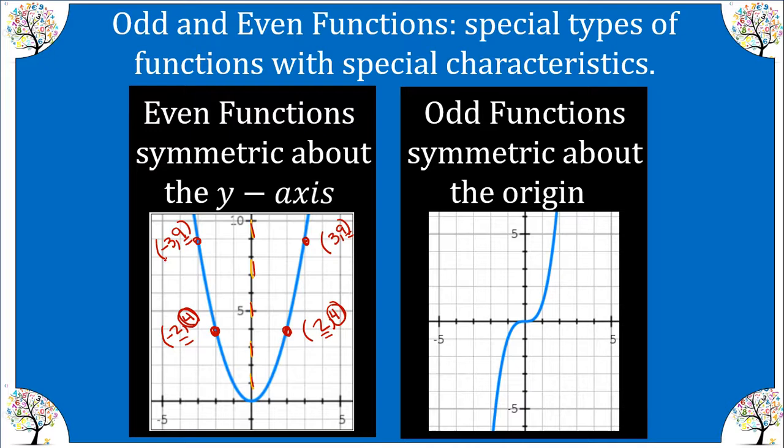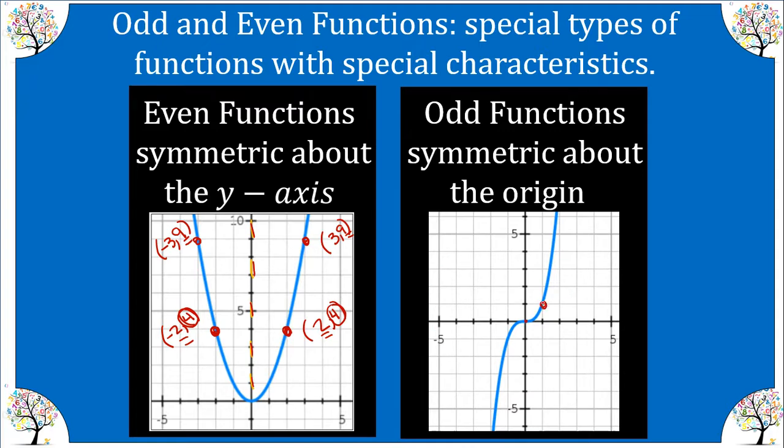To be odd, it has to first pass through the origin or go around the origin. So if we have this continuous graph, it will go through the origin. And it will be symmetric about the origin, which means if I rotate this graph 180 degrees, I will get back where I started.